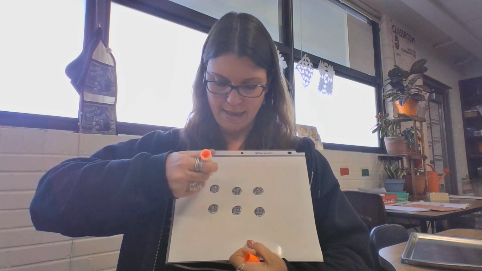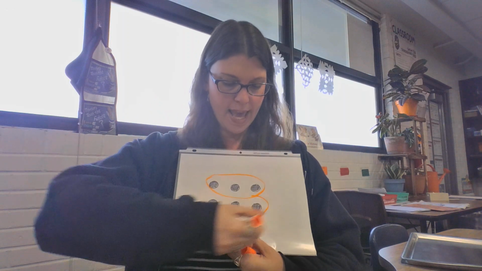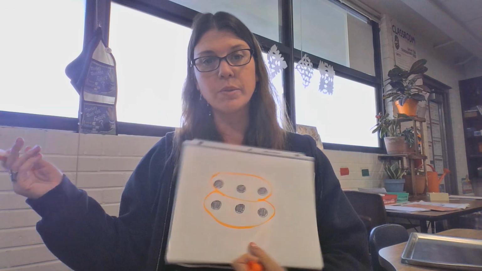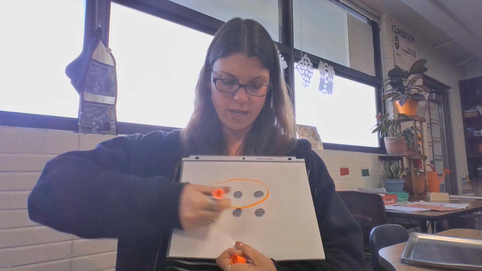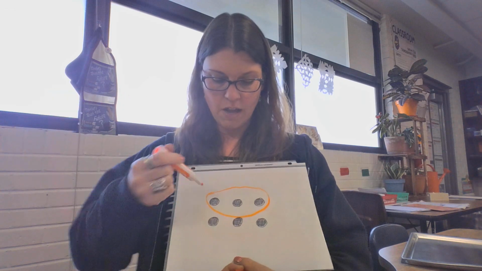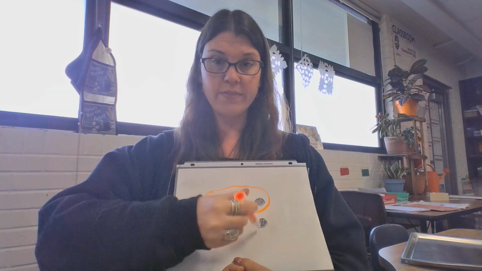They might see that there were 2 groups of 3, and they know that 3 plus 3 equals 6. They might even say they saw 3 all at once, and then they counted on from there, 3, 4, 5, 6. Any of those would be a valid way to see the number 6 in that problem.